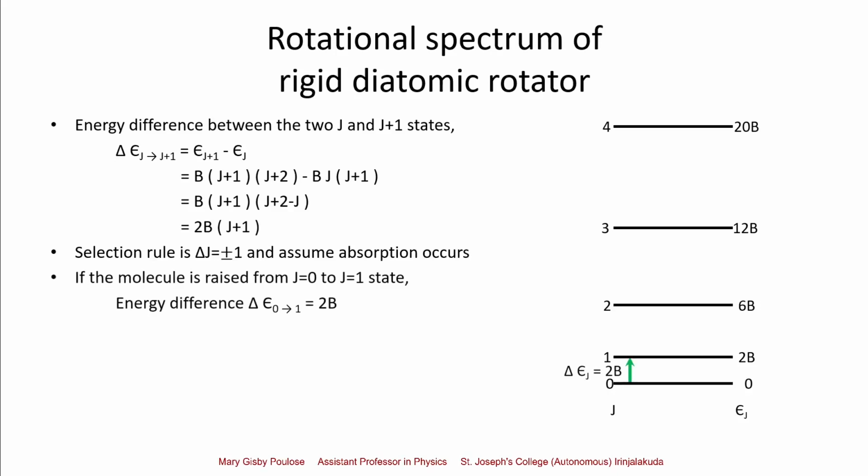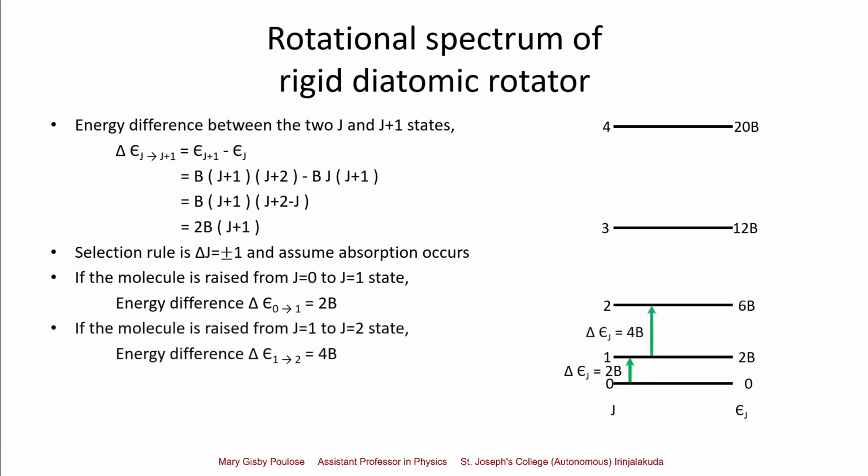So if the molecule is raised from J equals 0 to J equals 1 state, the energy difference delta eta from 0 to 1 is equal to 2B. It is represented by this green arrow here. Now, if the molecule is raised from J equals 1 to J equals 2 state, the energy difference delta eta 1 to 2 is 4B.